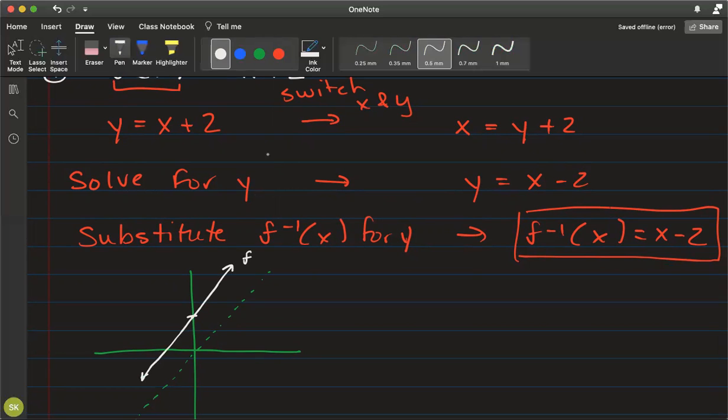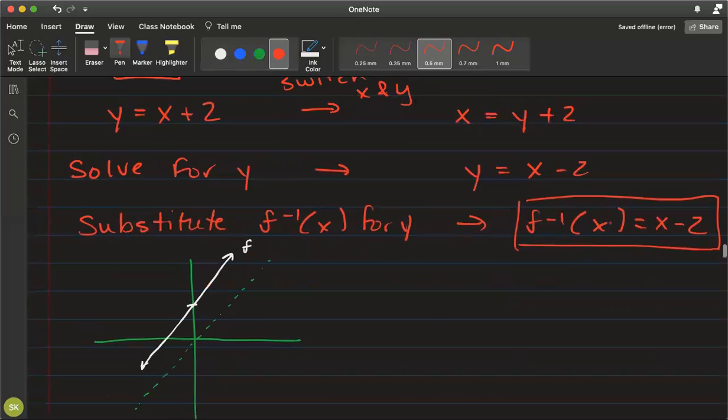This is f. And let's do this function in red. It's x minus 2, so you go down 2. So you can see that these lines are parallel. And this line, if you flip it along the line y is equal to x, you get the one on the bottom. So they do look like inverse functions.